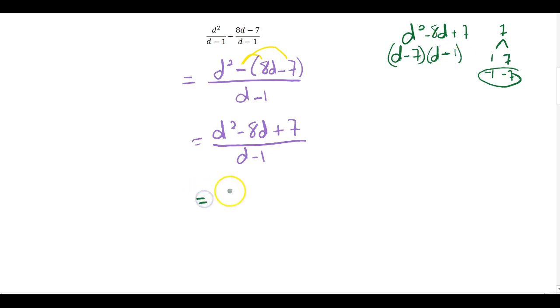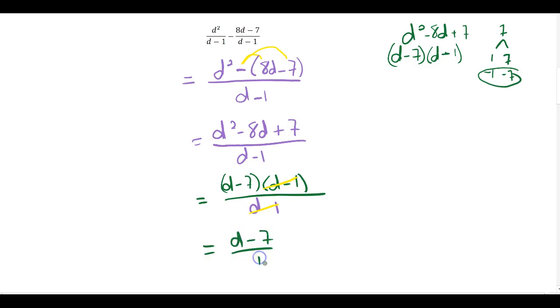So I'm going to come down here, d minus 7, d minus 1, over my already common denominator of d minus 1. Now that they are factored, I can simplify d minus 1, leaving me with strictly d minus 7 over 1, or just d minus 7.